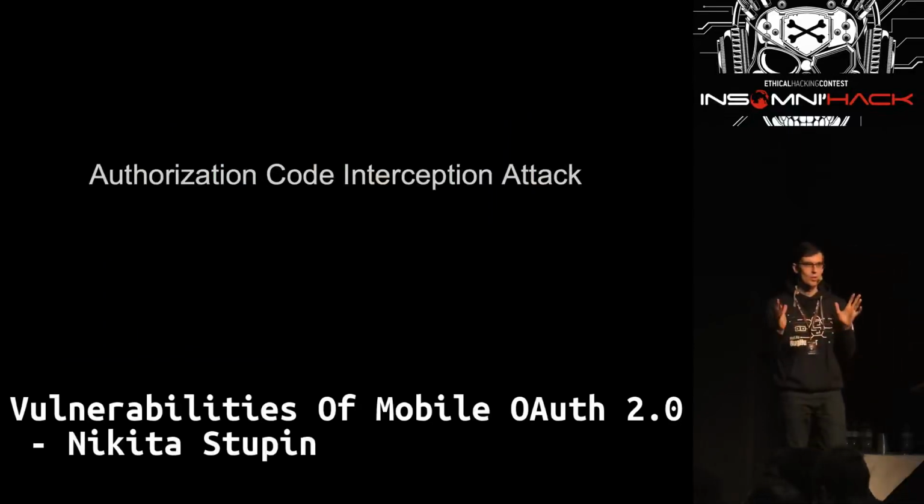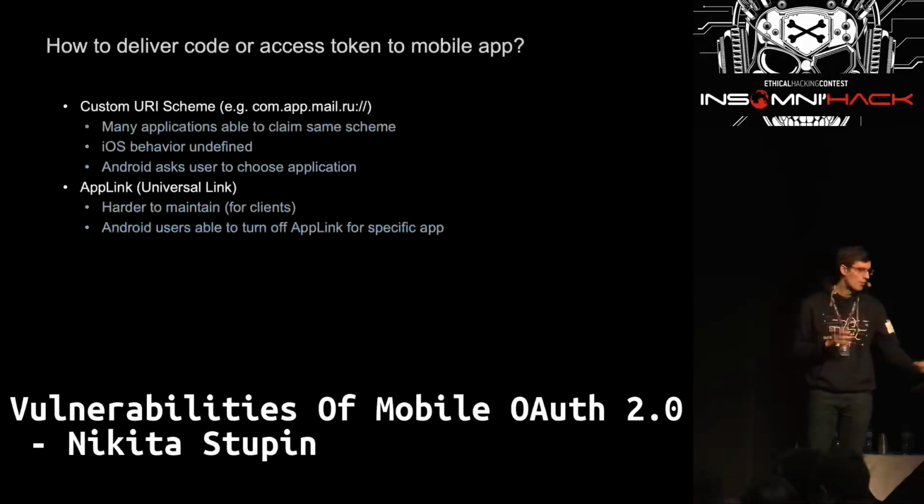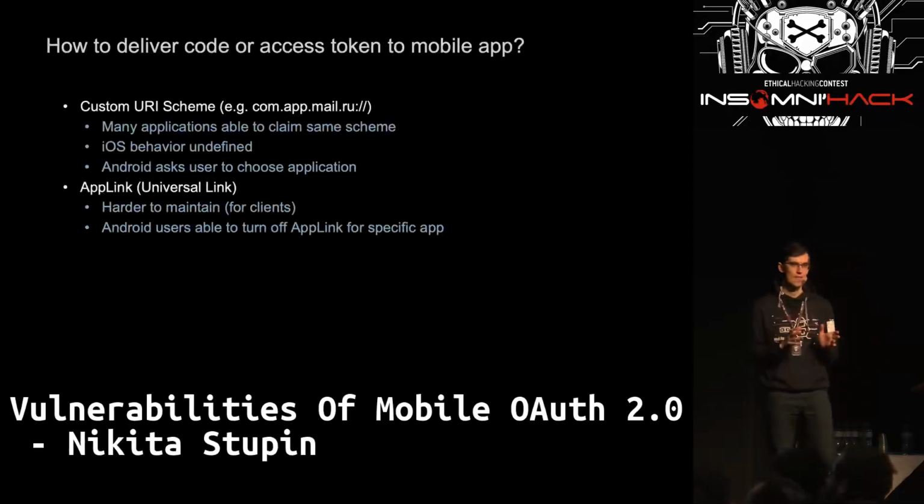And now let's move on to one of my favorite and one of the most complex attacks on mobile auth. Before that, let's have some necessary background on how we can deliver something from the browser to the client app. There are two ways.